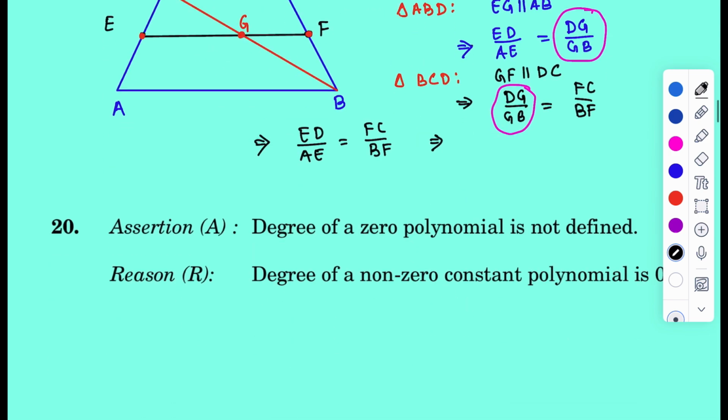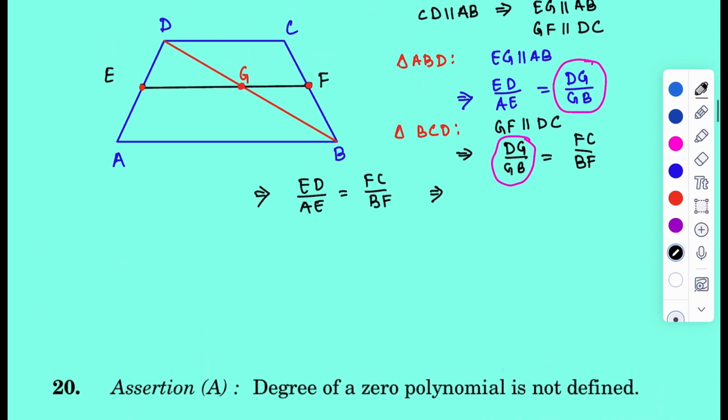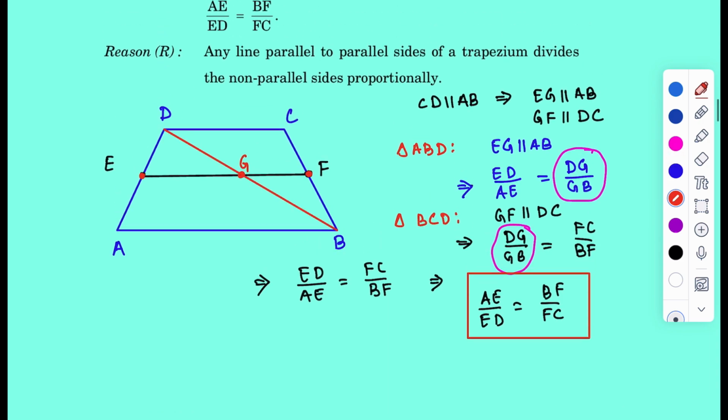If you take its reciprocal, then we will get AE by ED is equal to BF by FC. This is the thing that was given actually. Hence the assertion is true.